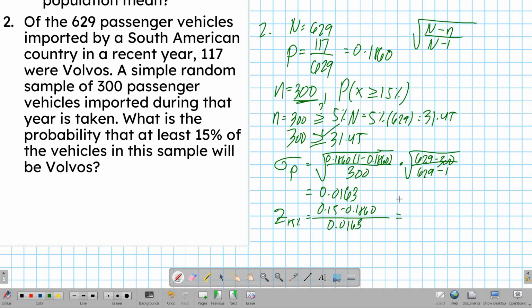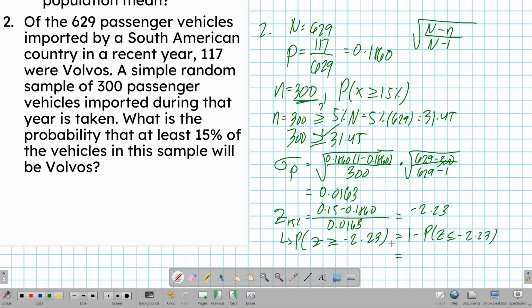This gives us a z-score of negative 2.23. Hence, we're asked for the probability that z is greater than or equal to negative 2.23, which is the same as 1 minus the probability to the left of negative 2.23.